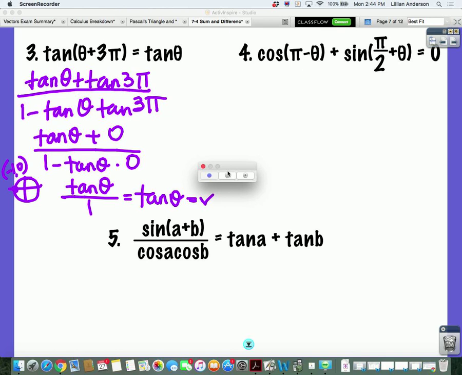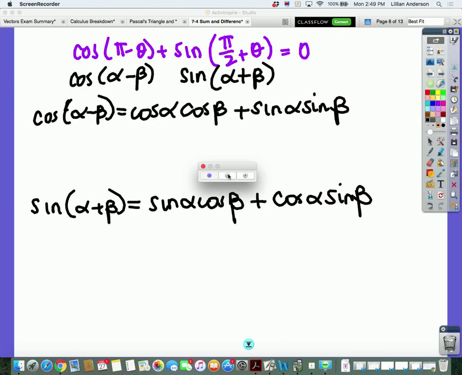So I want you guys to try 4. It's two of them. Okay? Alright, so this is the problem. Cosine of pi minus theta plus sine of pi over 2 plus theta has to equal 0. Clearly your more complicated side is your left hand side. And I just did this to help those who still might be struggling, this is how they match up. You're using this difference identity for cosine.